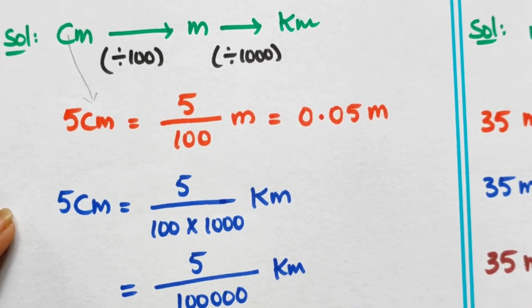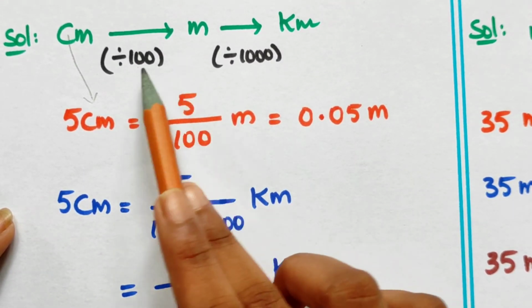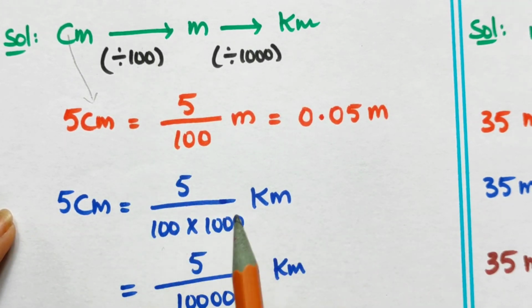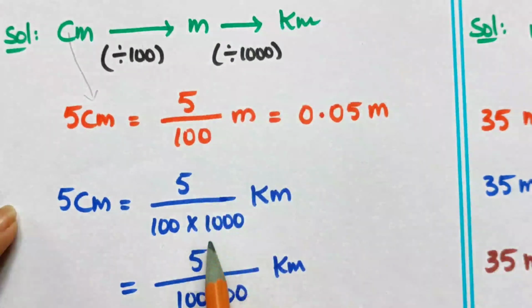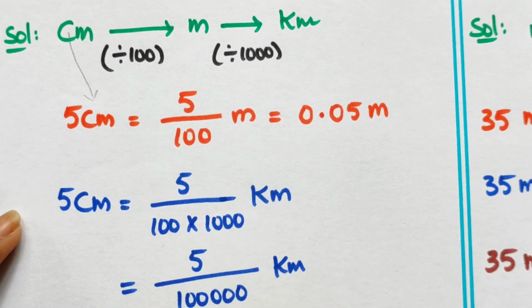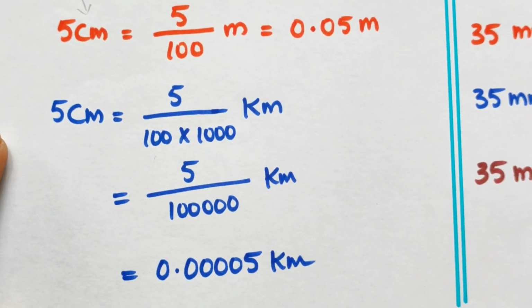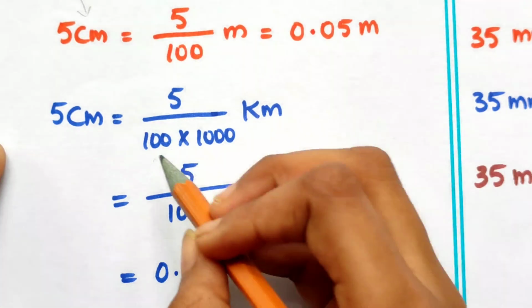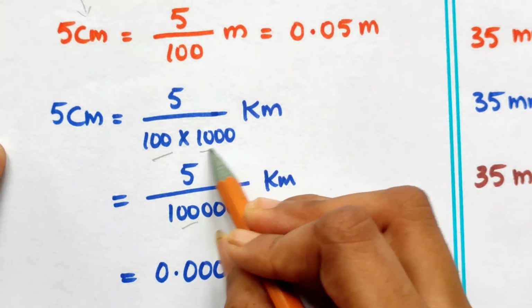Is it clear? Now this 100 into this 1000. Now 5 centimeter is equal to 5 by 100 into 1000 kilometer. Now here it is 5 by these two zeros and these three zeros.